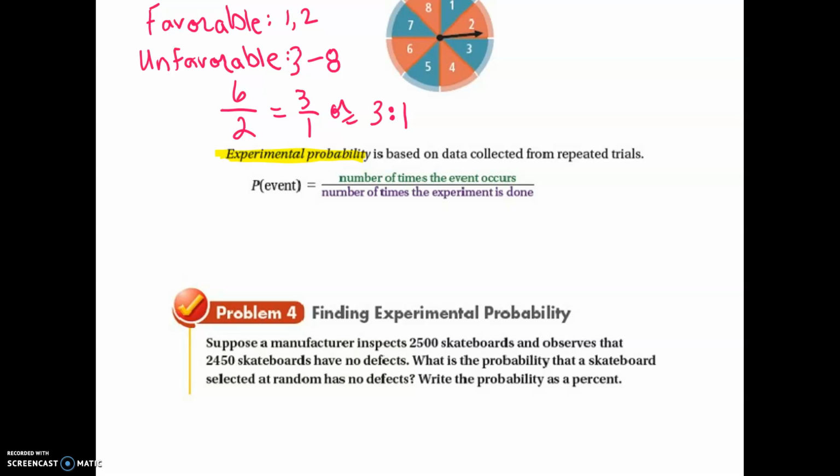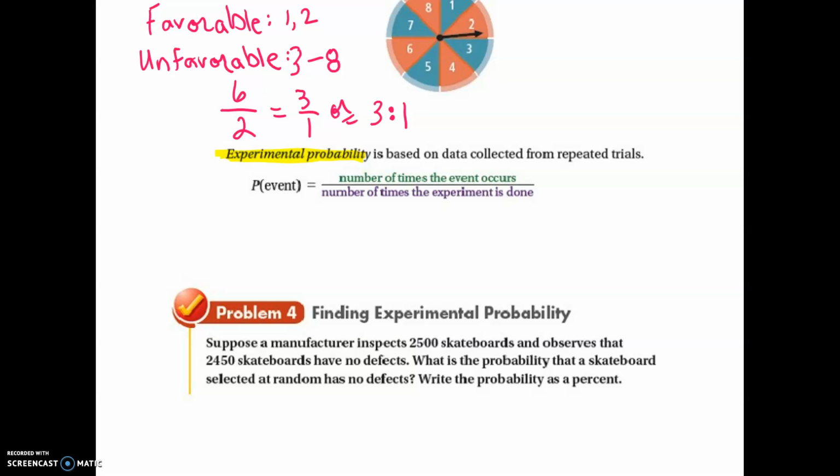Experimental probability is based on data that has been collected from repeated trials, meaning you actually participate in the event. For example, they want to know the likelihood of choosing a queen from a deck of cards.